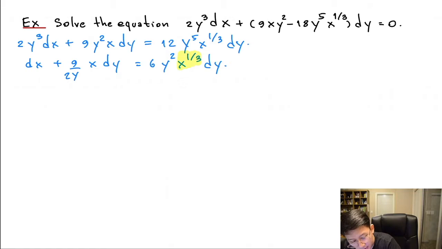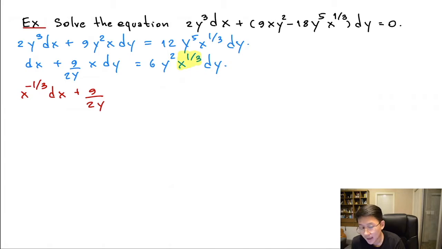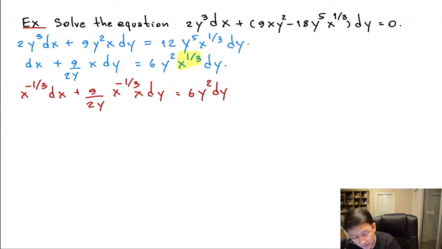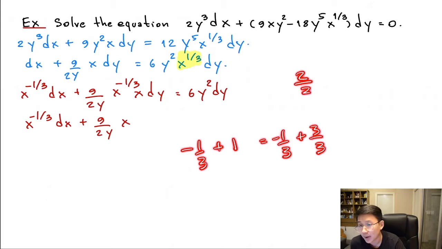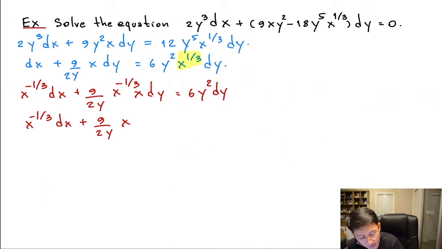So what I have is x minus 1/3 dx plus 9 divided by 2y x to the power of minus 1/3 x dy equals y squared dy, which is x minus 1/3 dx plus 9 2y, and here is x to the power of minus 1/3 plus 1, which is minus 1/3 plus 3 divided by 3, which is 2/3. So it is 2/3 dy equals 6y squared dy.